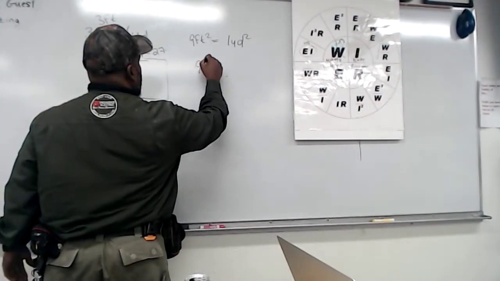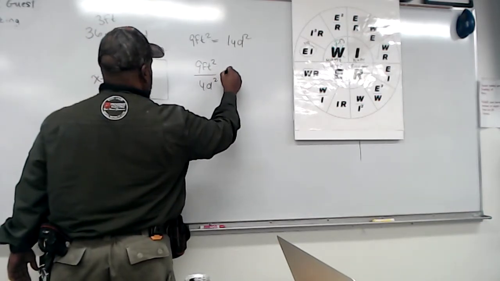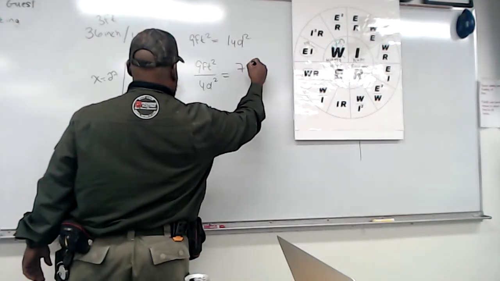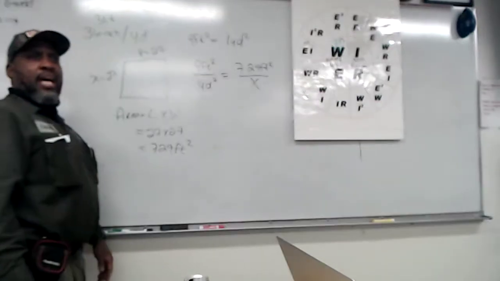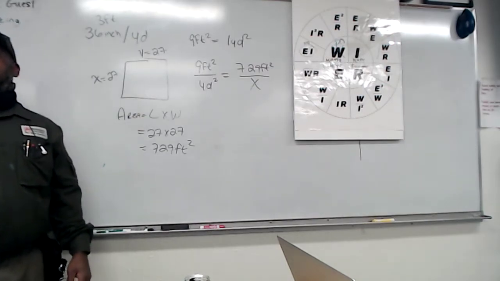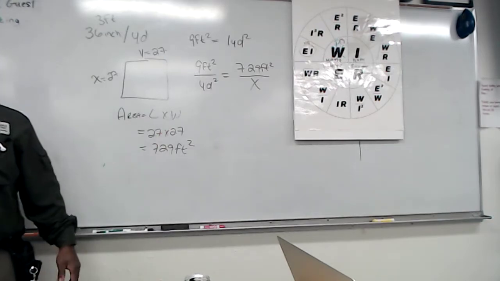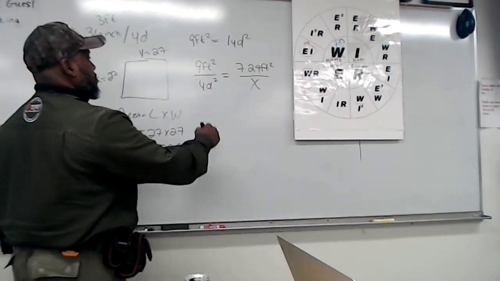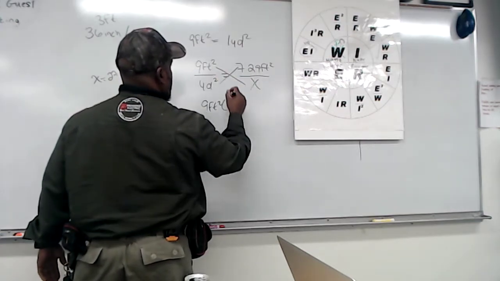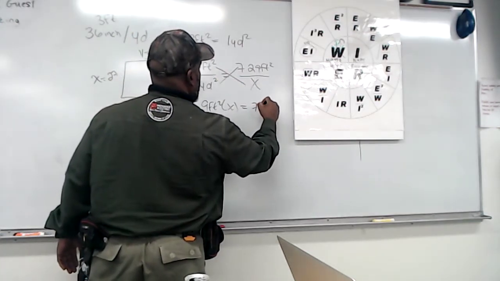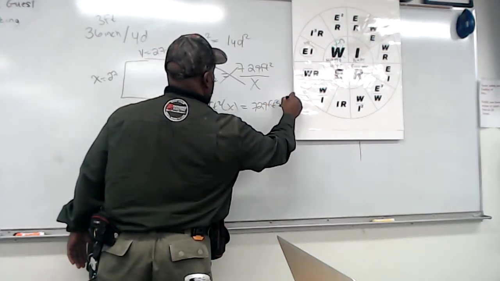Watch this. 9 feet square is 1 yard square, and 729 feet square equals X. Y'all had done the ratios when y'all was doing your math review. That's a ratio question, right? Across, multiply, like go here and here, equals 729 feet square times yard square.